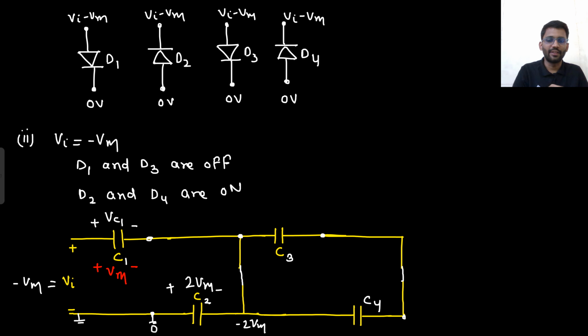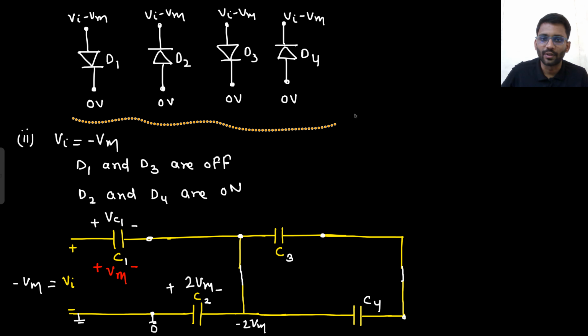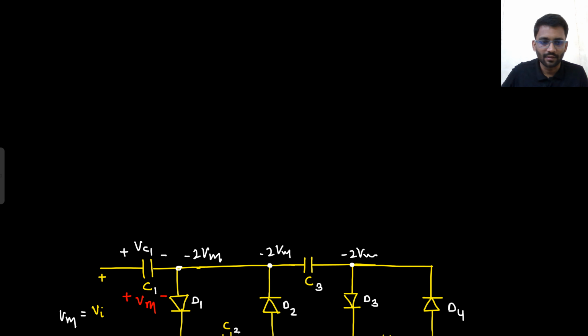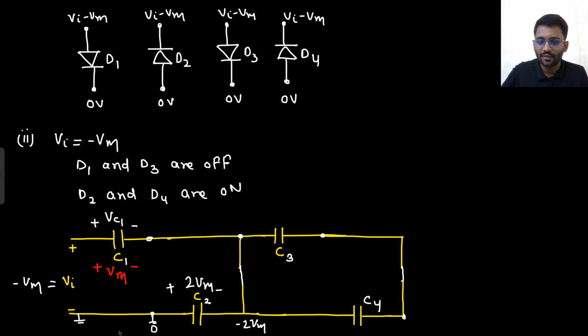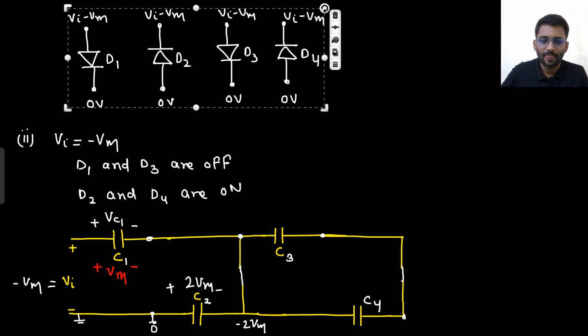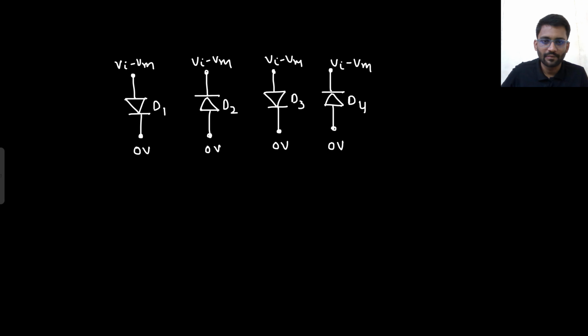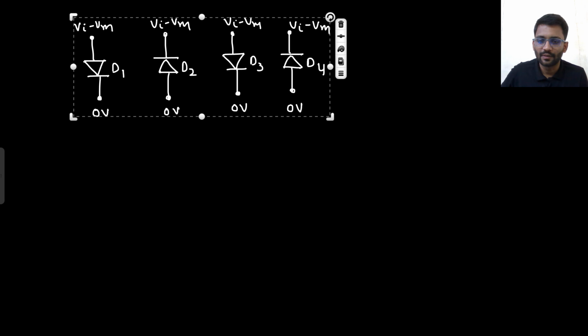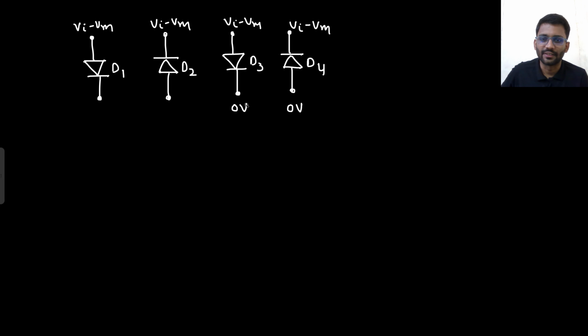Now again what will happen? Vm will come. So again Vm will come and I will have to copy these 4 again. Now all these potential are changing now.